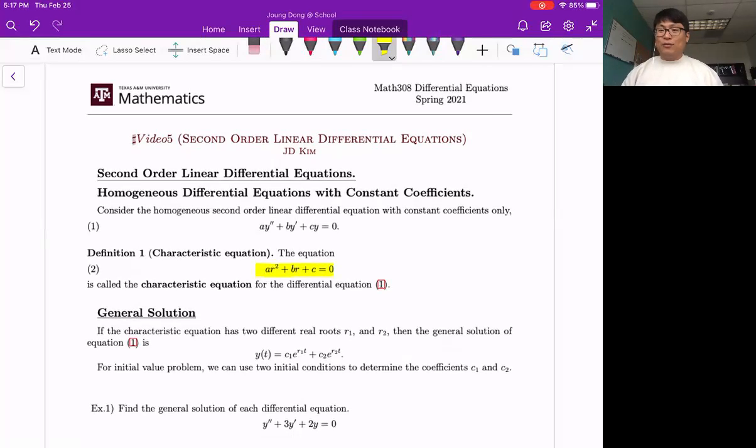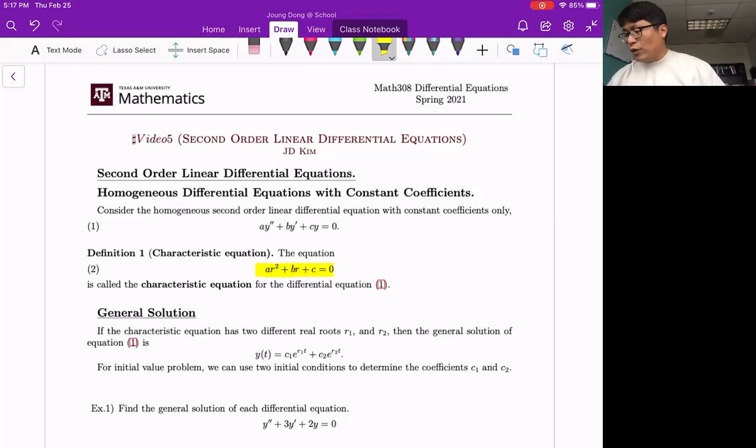There are three cases. The first is when you have two different real number solutions. The second is when you have two different complex solutions. And the third one is a repeated root. So we will talk about these three.